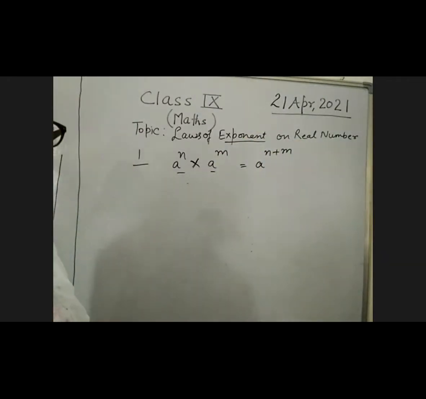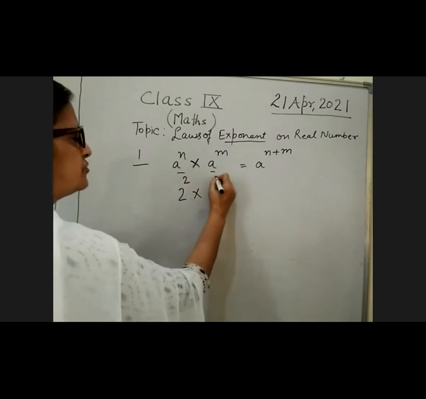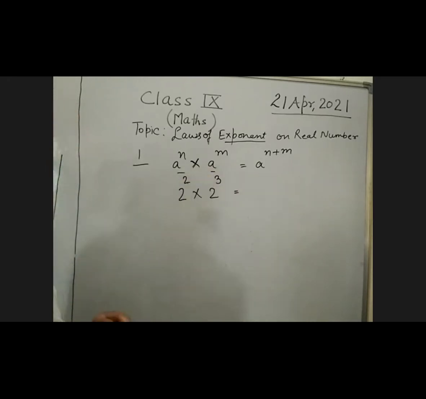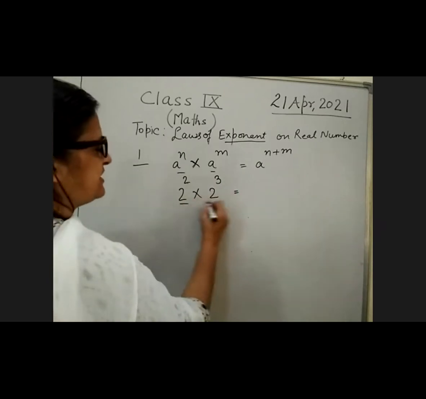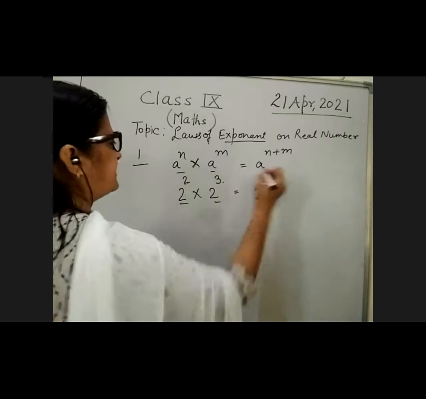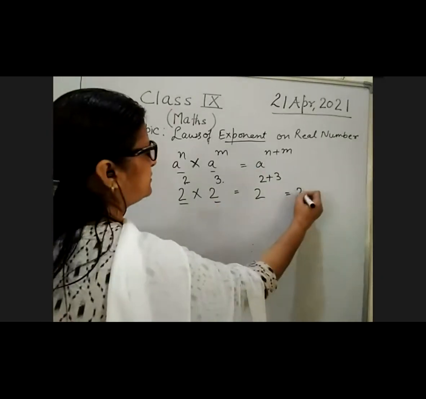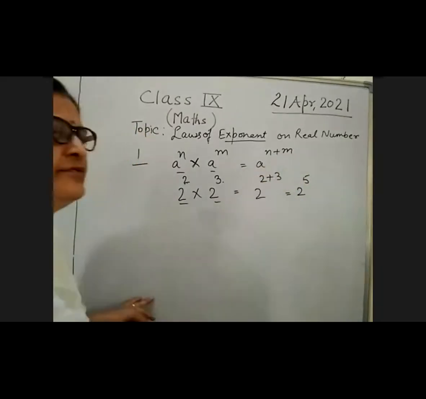I will take one example. 2 raised to the power 2 into 2 raised to the power 3. Your base is 2 and powers are 2 and 3. So when we add, 2 plus 3, it is equal to 2 raised to the power 5.